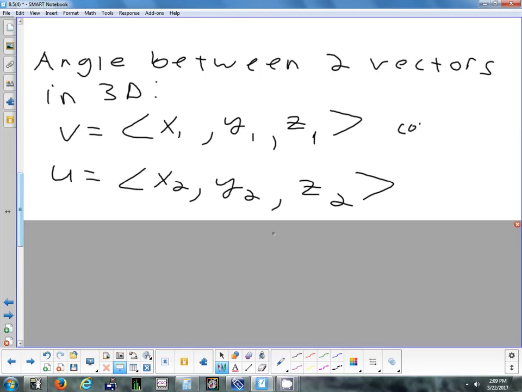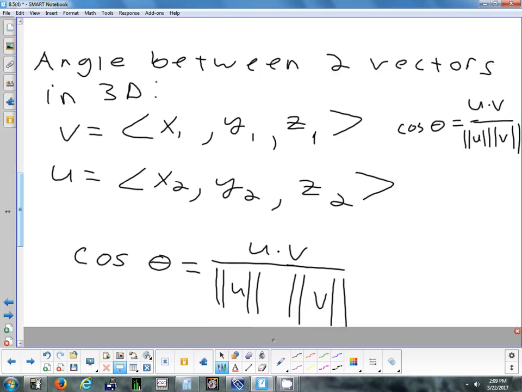Cosine theta equals the dot product over the magnitude of u times the magnitude of v.